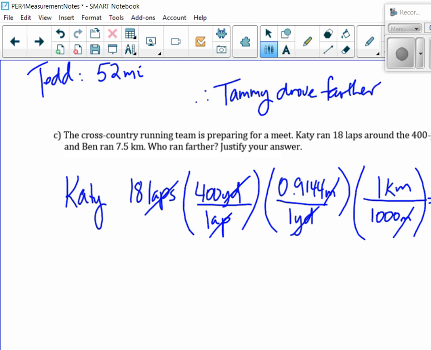So 18 times 400 times 0.9144 divided by 1,000. So I get 6.58368 kilometers. So who ran farther? Therefore, Ben ran farther, because it's 6.58 versus 7.5 kilometers.